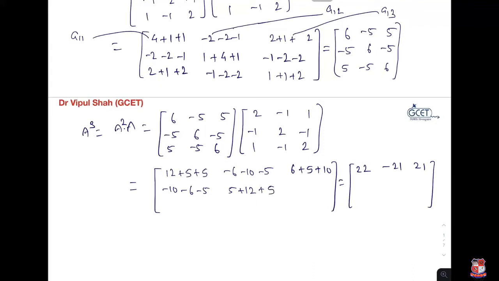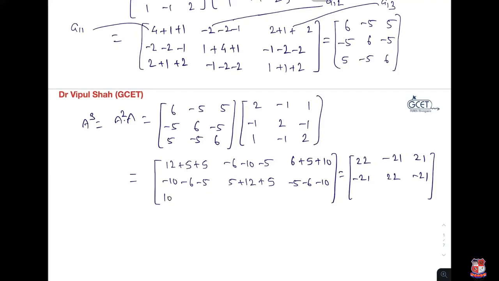Then second row, third column, so minus 5, minus 6, minus 10, and so we are having minus 21, 22 and minus 21. Now third row, first column, so this is 10, then plus 5 and plus 6.